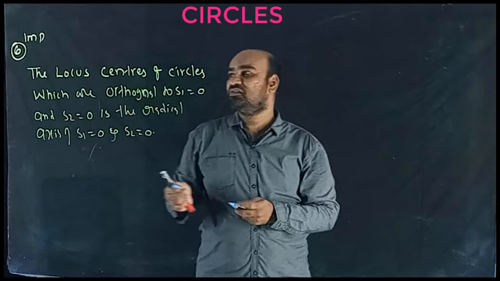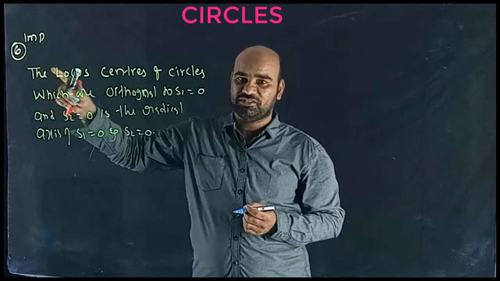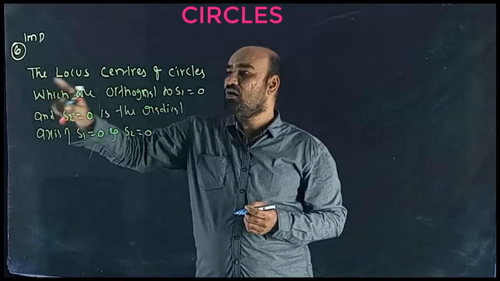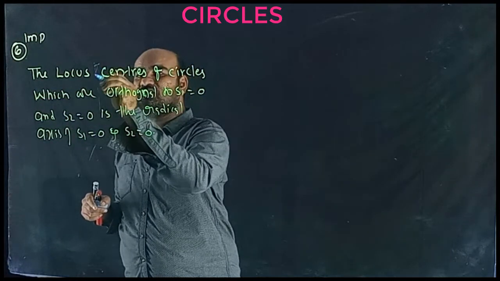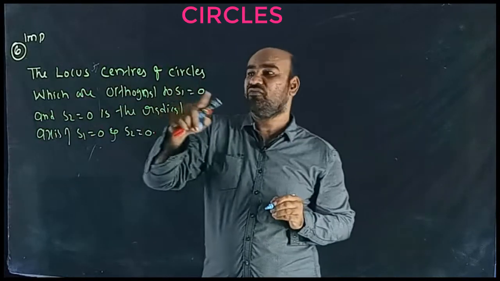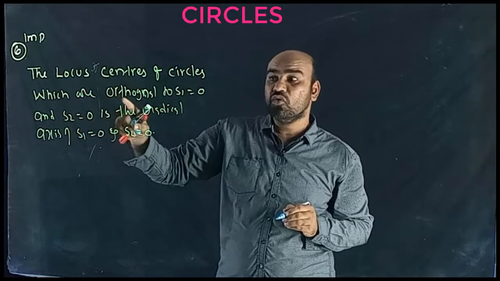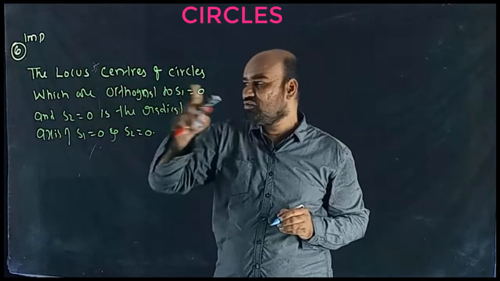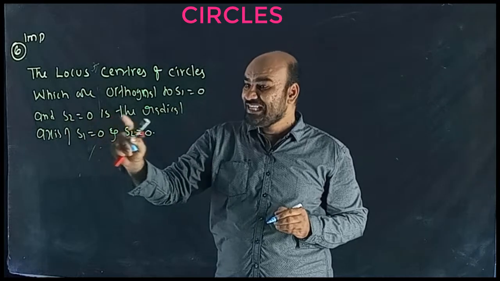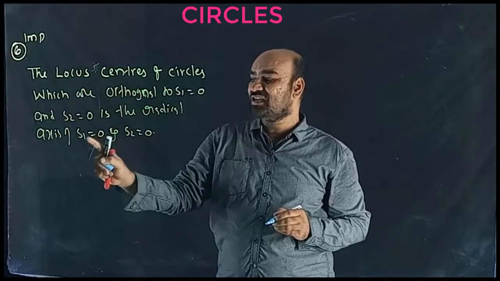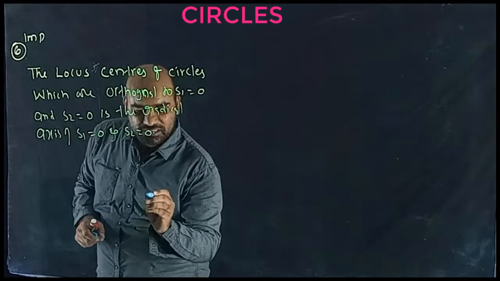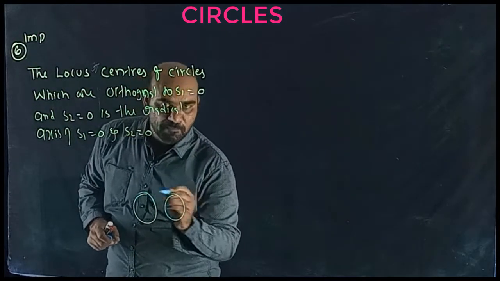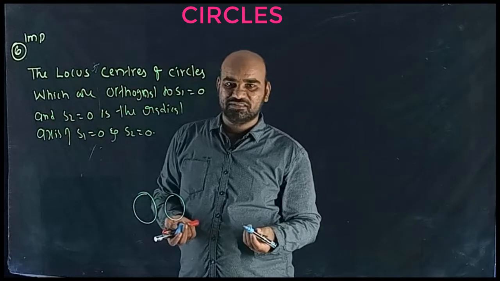Okay, students, this note is very important. The locus of centers of circles which are orthogonal to S1 = 0 and S2 = 0 is the radical axis of S1 = 0 and S2 = 0. I want to explain. See here, two circles are given. They may intersect, they may not intersect.